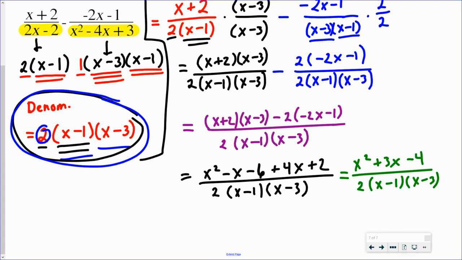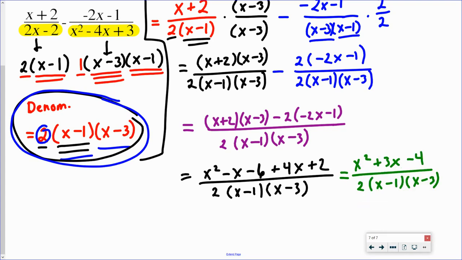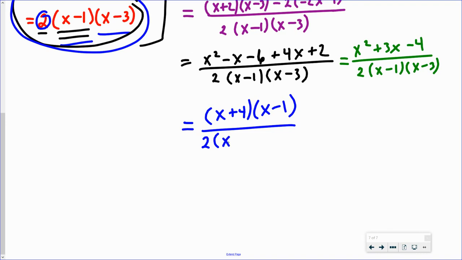Now, one thing that we didn't do on the previous one that we should have checked for is whether our result here, our difference that we found, has any common factors. So what I would suggest is to factor the numerator. So x squared plus 3x minus 4 factors to x plus 4 times x minus 1, all over, again, our common denominator of 2 times x minus 1 times x minus 3.